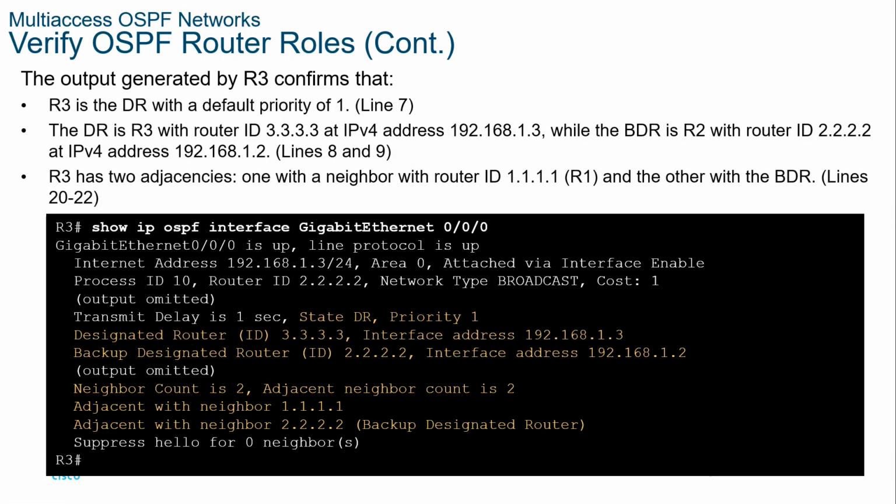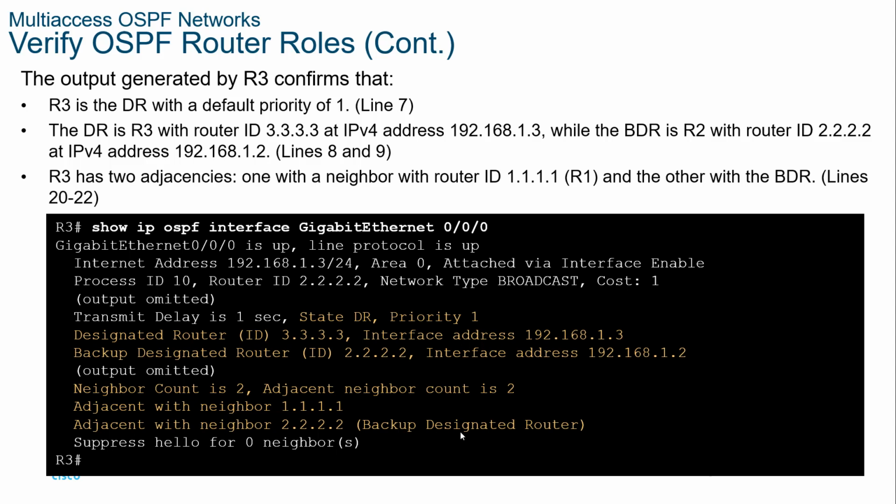If we look at R3, again, R3 is connected to 1 and 2, and same thing like the other ones, it will list the designated routers, the backup designated routers, and it will list the adjacencies and any important information about those adjacencies. Here, with the neighbor being 2222, its important information would be that it is the backup designated router, and that is it.